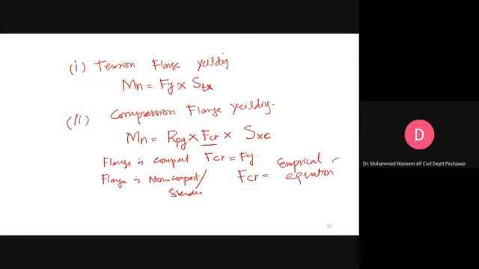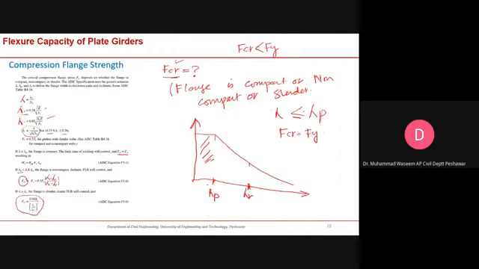But it will always be less than this one. Let me check, am I right? No, there is no upper limit provided here, but I have the feeling that it cannot go beyond the Fy value, okay?